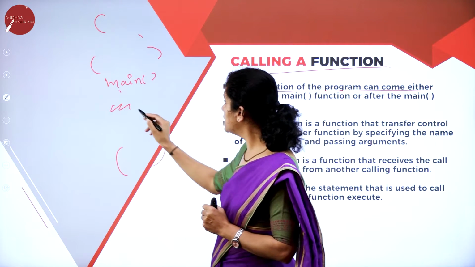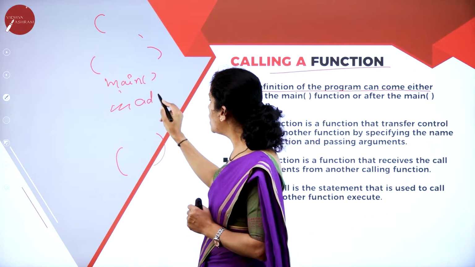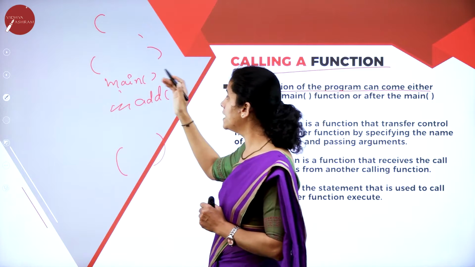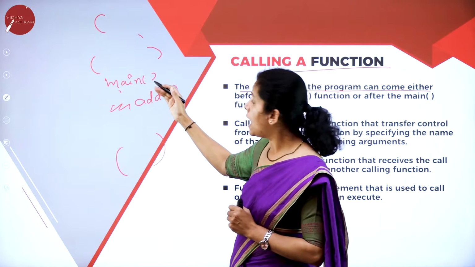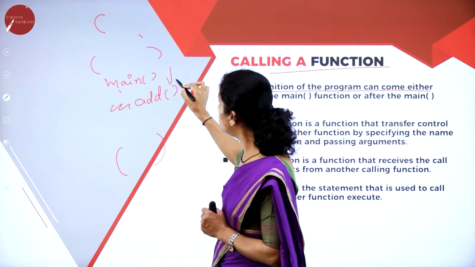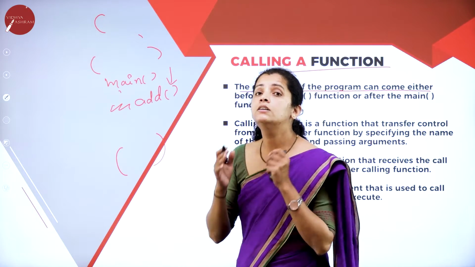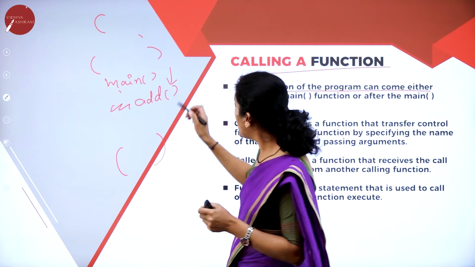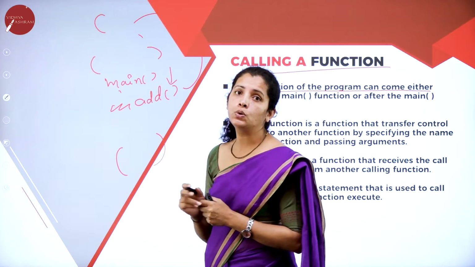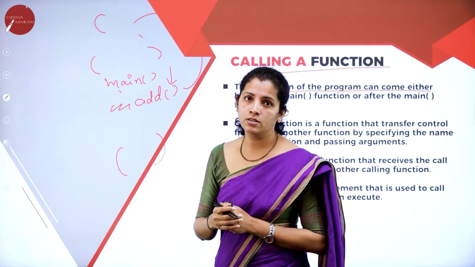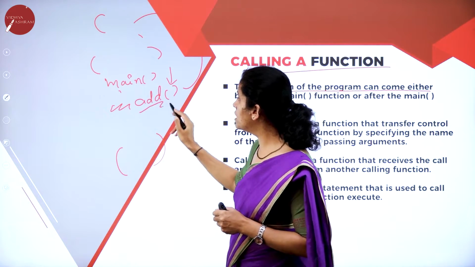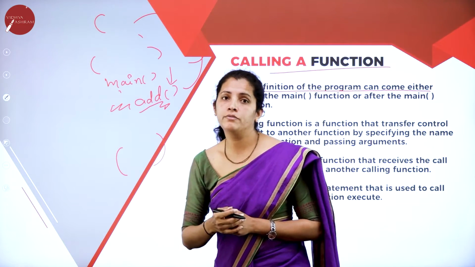For example, think that I'm going to call the add function in my main program, and when the compiler encounters this function, the control is directly transferred to the called function. So this is called the calling function and this is called the called function.